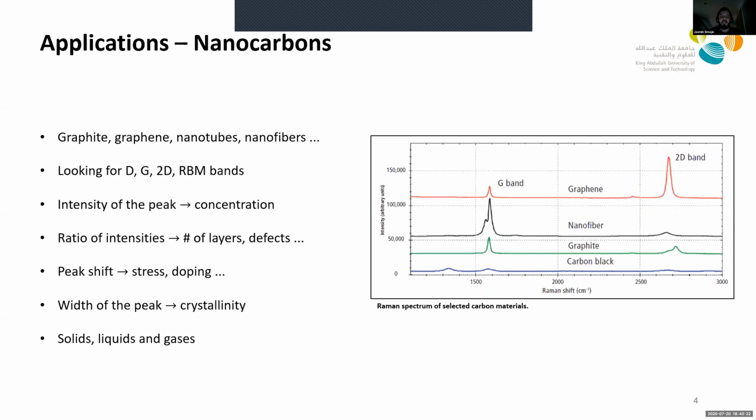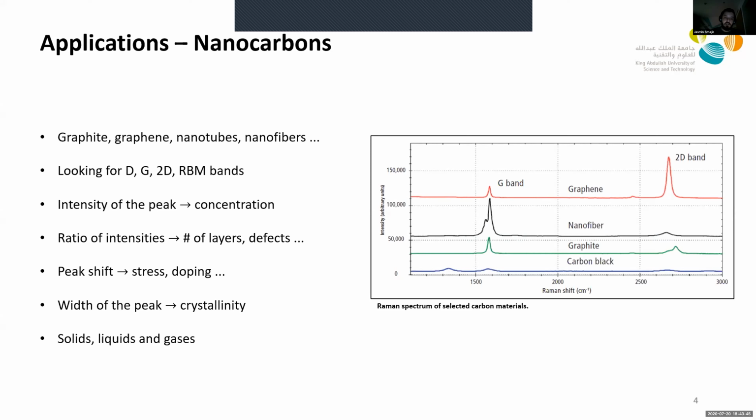For example, the D band arises when you have a breaking of the symmetry in your perfectly crystalline structure of graphite. So the atoms that are at the edge of this structure are going to vibrate differently and have a different vibrational energy than the atoms that are in the middle of this perfectly crystalline structure.